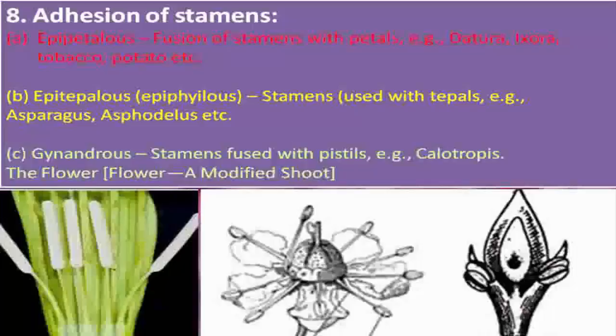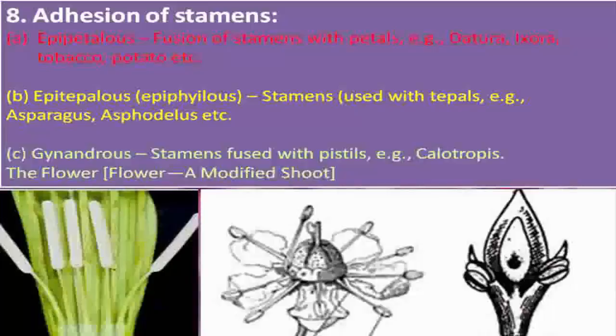In this, there is fusion of the stamen with petals, for example datura, ixora, tobacco, potato, etc. That means the petal is fused with the stamen, then that is known as epipetalous. Now what do you mean by epiphyllous? Stamen fused with tepals. That means stamen plus tepal equals epiphyllous. It is seen in asparagus, asphodelus.